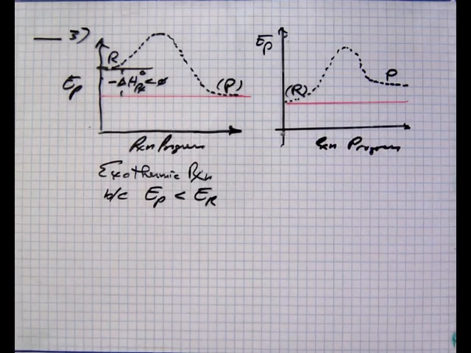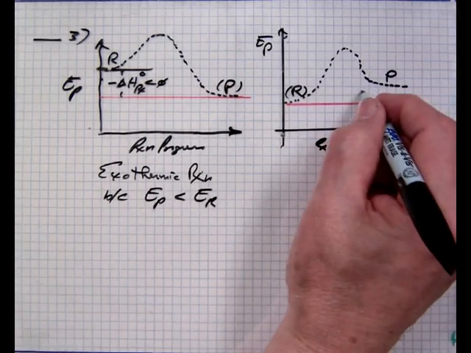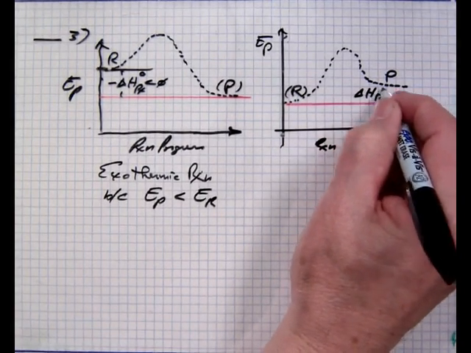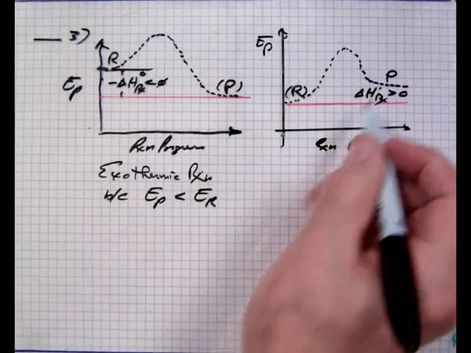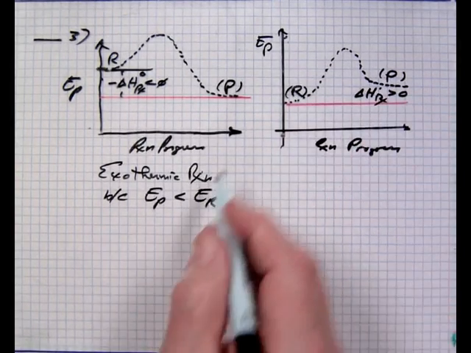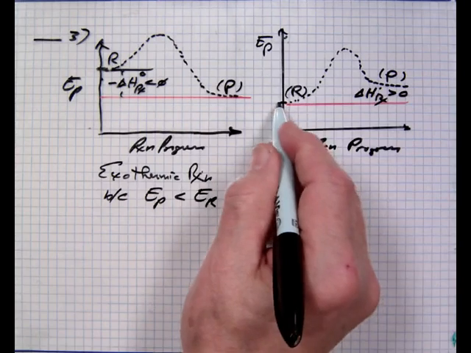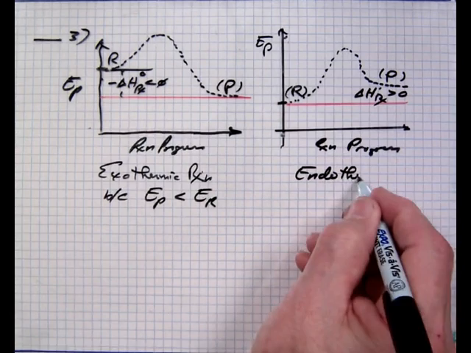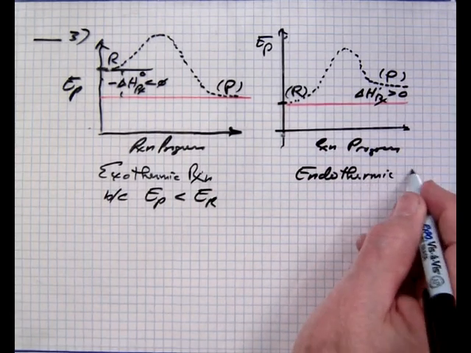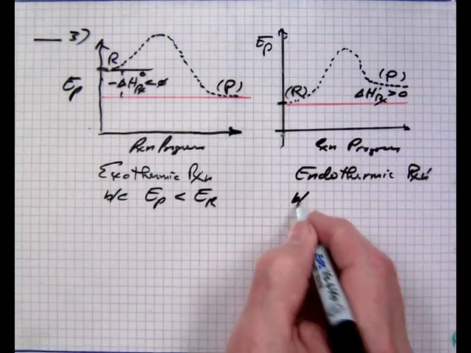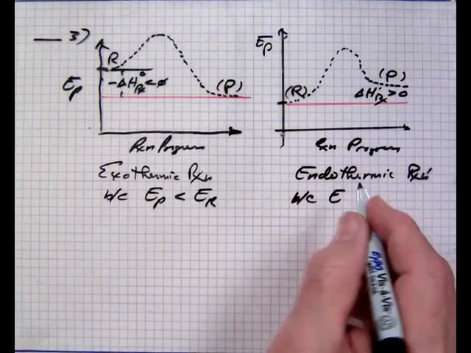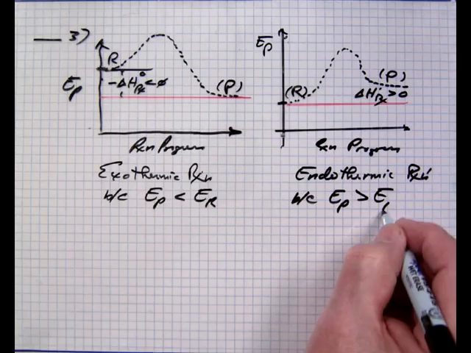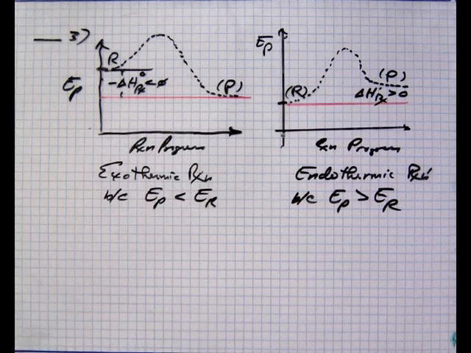So in this case, delta H of the reaction is greater than 0, and the product side is above the starting position, and this is an endothermic. E of the products is greater than E of the reactants.